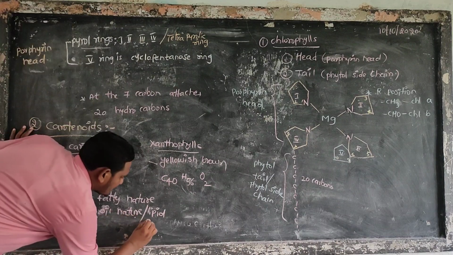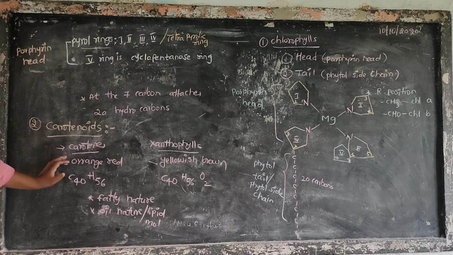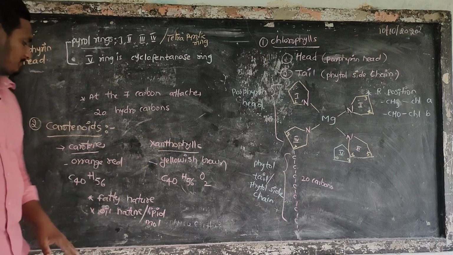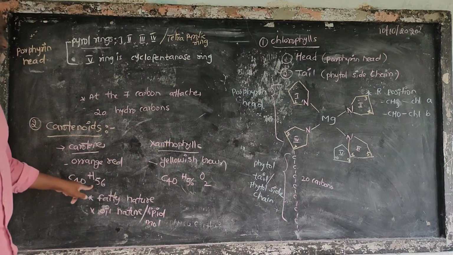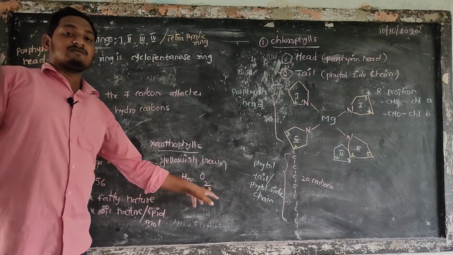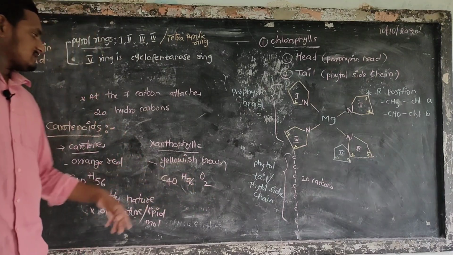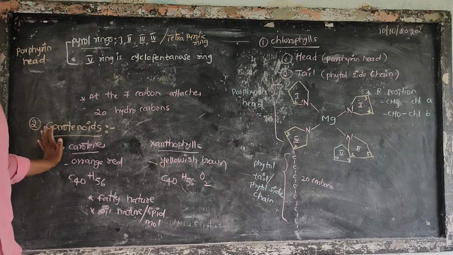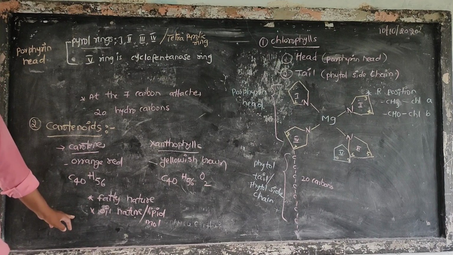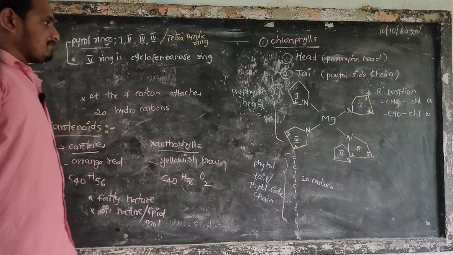So carotenes are mainly orange red in color. Xanthophylls are yellowish brown. C40H56 is carotenes. C40H56 with oxygen molecules 2 is xanthophylls. These are all oily nature or lipid molecules actually.